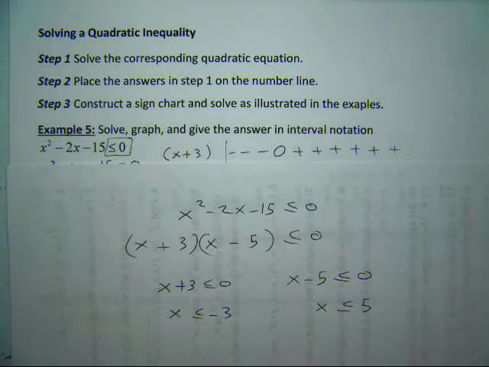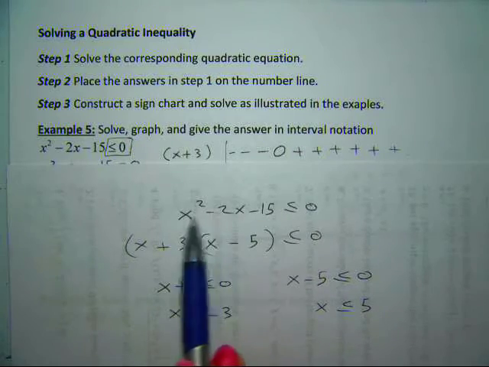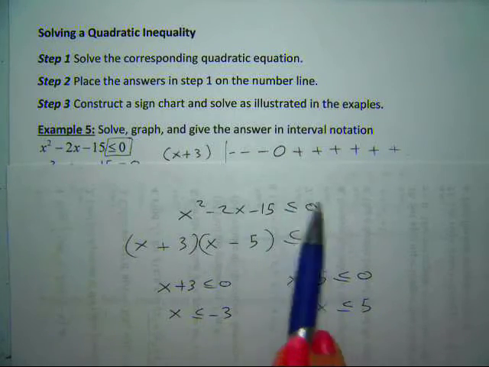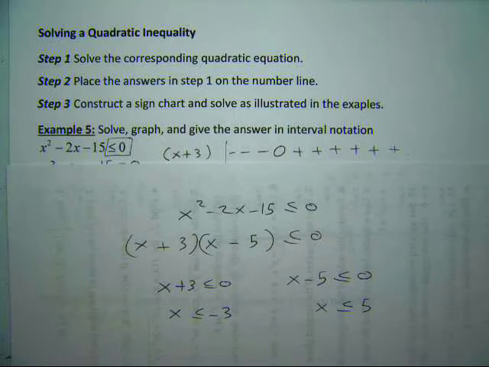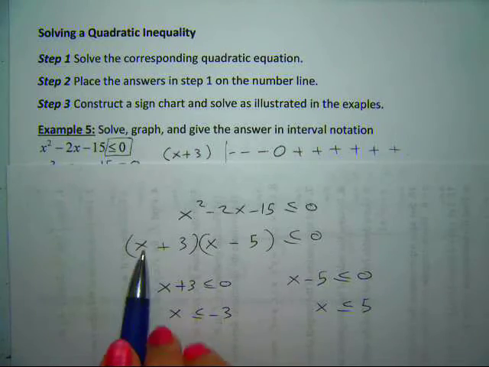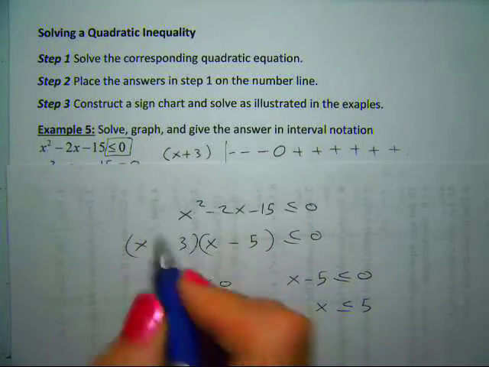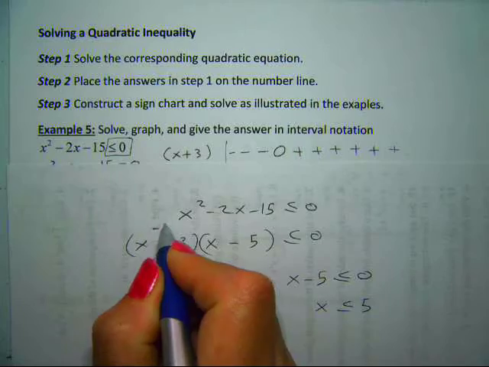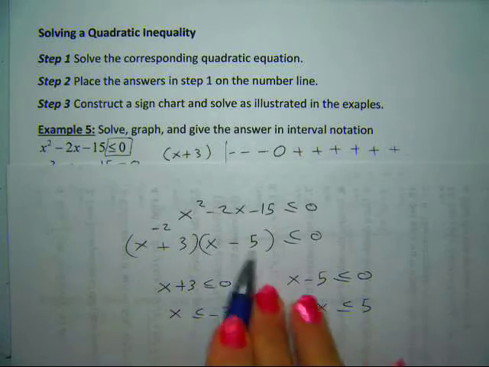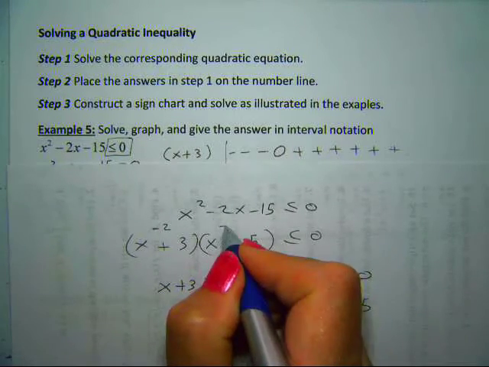This is not the zero factor property. The zero factor property applies to an equation equal to 0, not less than or equal. Let us take any value less than -3, say -5. Let's test it. -5 plus 3 is -2. -5 minus 5 is -10.